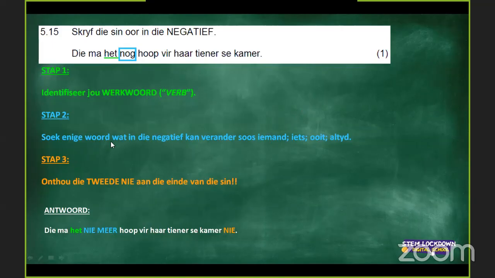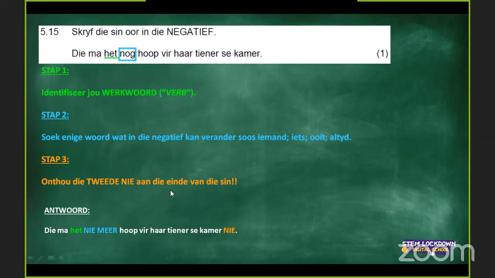Dan stap 2, soek enige woord wat in die negatief kan verander, soos iemand, iets, ooit, altyd. Please have a look for any word in the sentence that can be changed into the negative. Look out for the word al. Okay, al also changes in the negative. You often miss it. In this case, it's the word nog that is going to change in the negative.